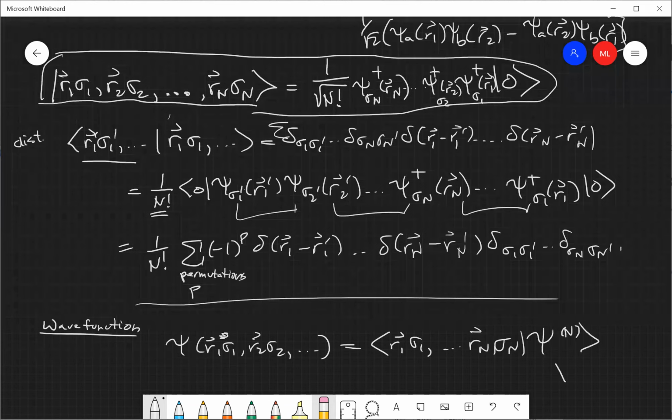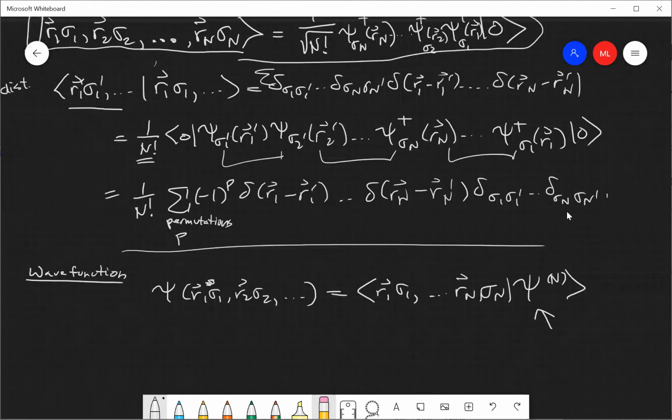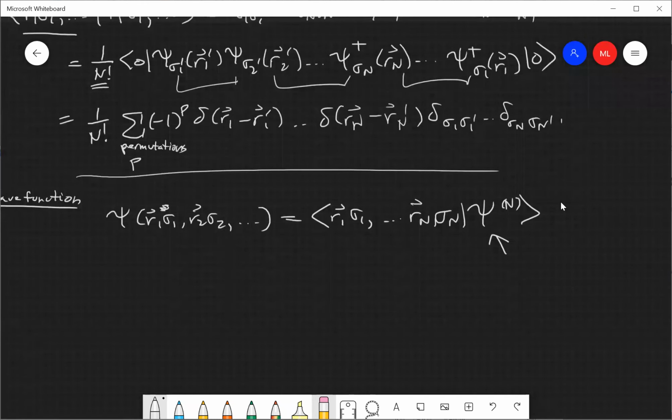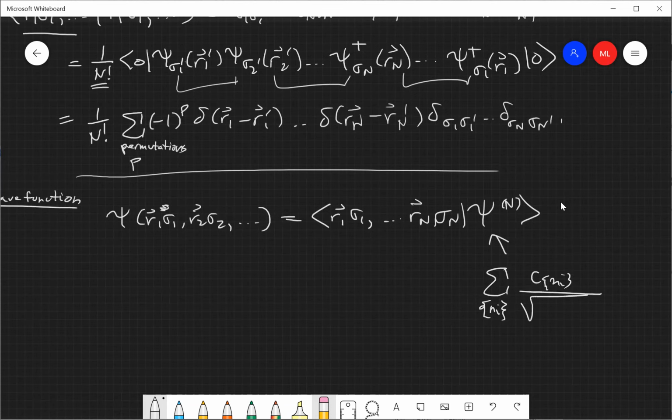And this state could be generated by, if the particles are in particular energy levels, a sum over all the different occupation numbers with some coefficients, and you'd have the normalization. This is what we had before when we were talking about regular creation and annihilation operators.